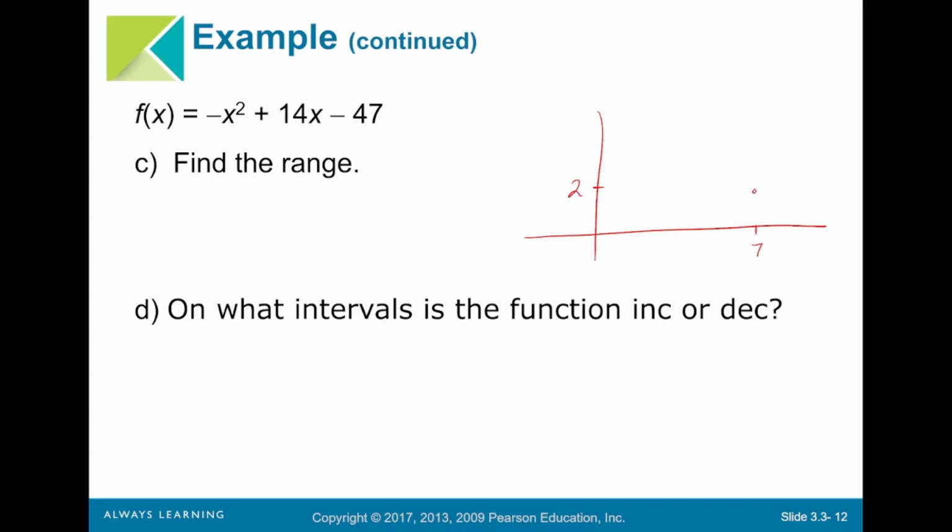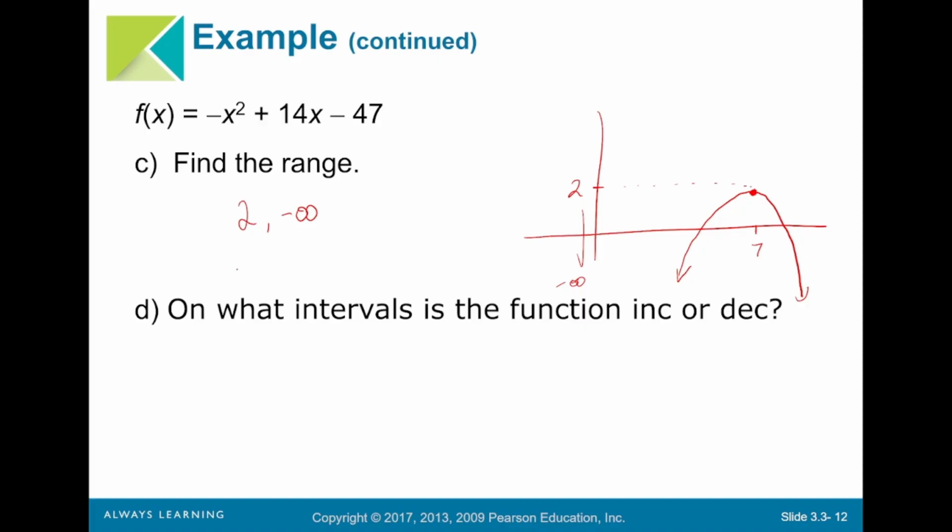So my vertex is at (7, 2), as we saw, and I know it's a negative, so I know it's going to look like an N. N for negative, right? So this is what my parabola sort of looks like. So if I think about the range, we can think, oh, well, it stops at 2, and it goes all the way down to negative infinity.